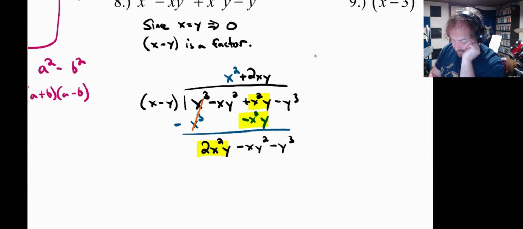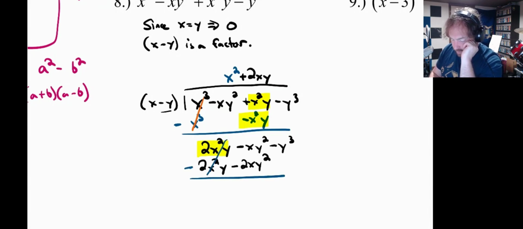When I multiply that times x, it becomes 2x squared y right there. 2xy times negative y becomes minus 2xy squared. And now when we subtract to go to the next level, these go away. Negative xy squared minus negative 2xy squared, that's the same thing as adding 2, so it becomes positive 1. It's xy squared minus y to the third.